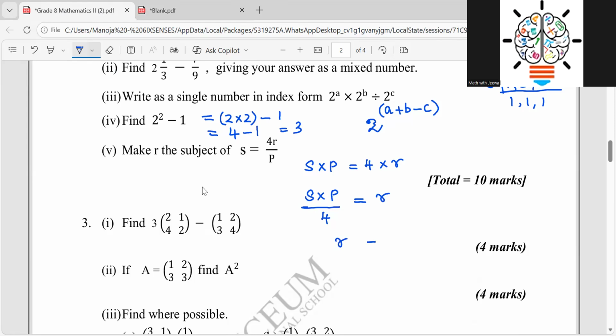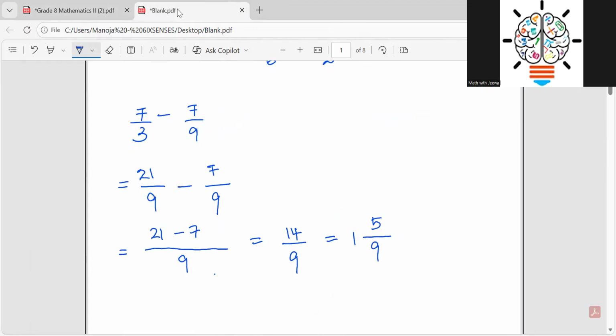And simply R is equal to SP divided by 4. This is how you get the answer. You want to remove the letters which are not necessary to keep that letter, whatever letter they have asked us to make the subject. Send the other letters one by one. Okay. Then we will move to the matrix in question number 3.